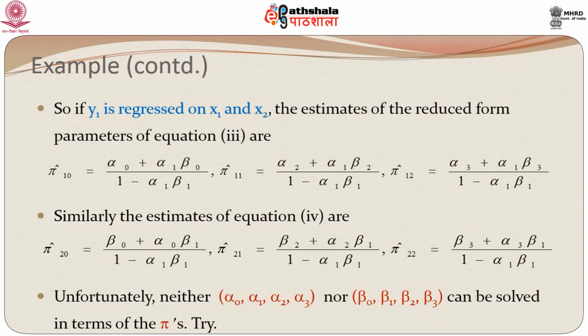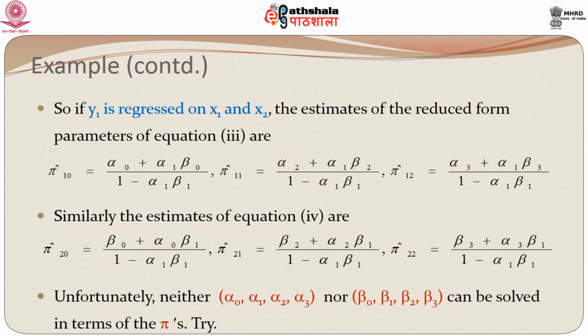Unfortunately, no. So, if we cannot solve them, we cannot extract the structural form parameters alpha naught, alpha 1, alpha 2, alpha 3 and beta naught, beta 1, beta 2, beta 3 from the reduced form parameters, the pi hats. You can try this and see that this cannot be solved. So, we have a problem of identification in this case and we cannot estimate the parameters.